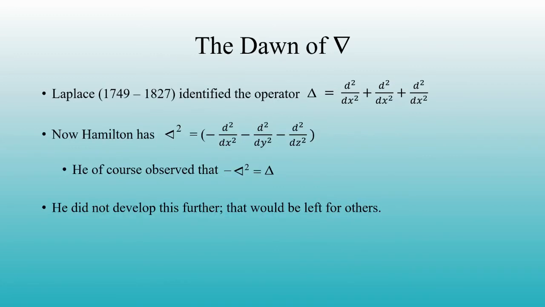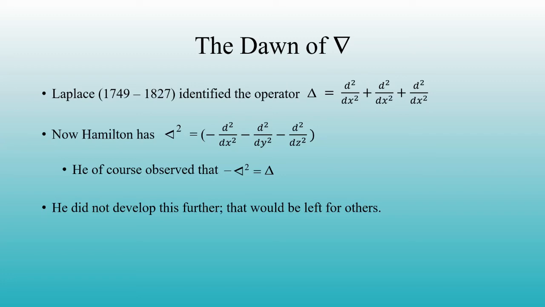Hamilton, being brilliant, no doubt instantly recognized the square of his operator was almost identical to what we today call the Laplacian. The Laplacian is named for the great French mathematician Pierre-Simon Laplace, who developed the operator that now bears his name in his great work on celestial mechanics. Laplace wrote his operator as a regular triangle.